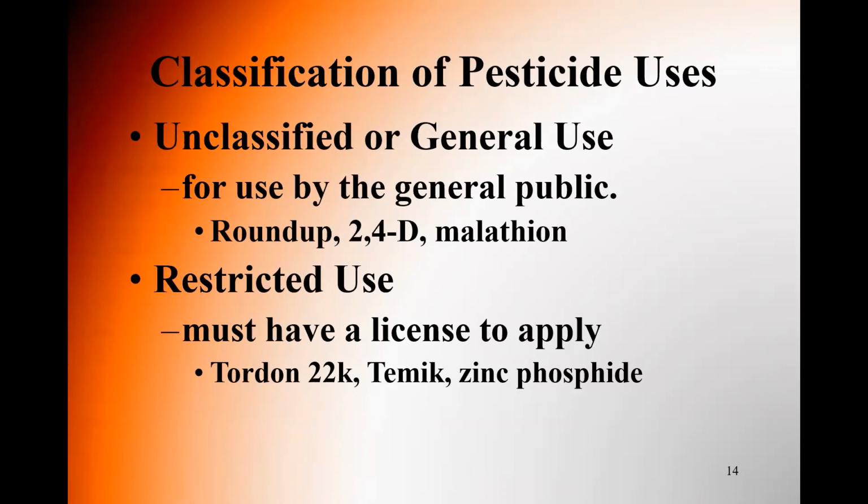Restricted use, that's why you have your pesticide applicator license. That's things like Tordon 22K, Lambda cyhalothrin as an insecticide, anything that has a restricted emblem on it, those are the things that you'll actually need your license to purchase.